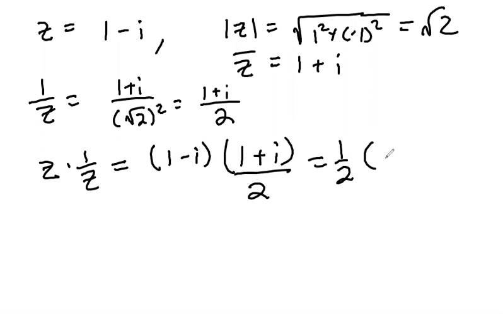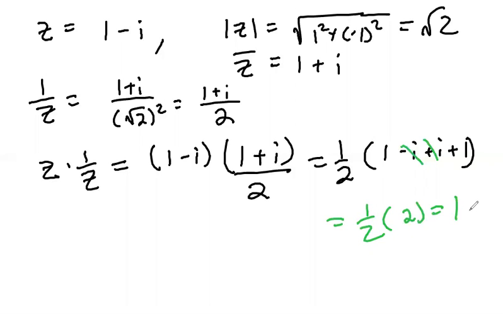So 1 times 1 is 1, minus i, and then plus i. Those will cancel. And minus i times plus i is plus 1. So we are left with 1/2 times 1 plus 1. Sure enough, we get 1. So that checks out. That 1 plus i divided by 2 is the reciprocal of 1 minus i.